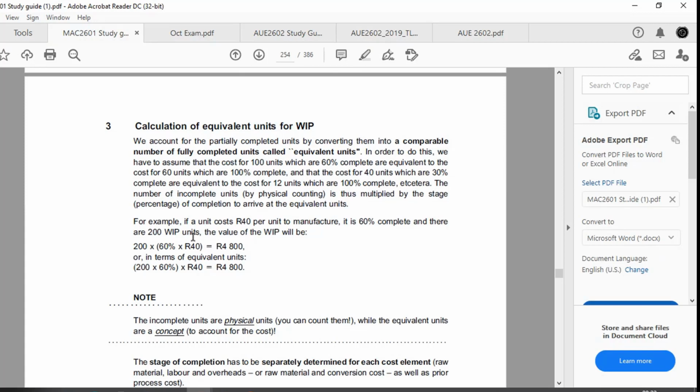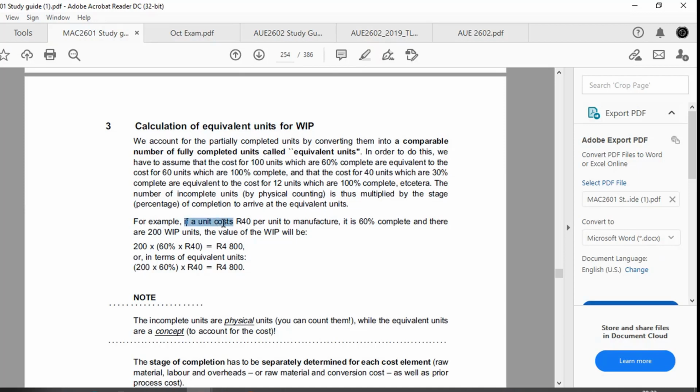So for example here, they say, let's assume the cost of 100 units, which are 60% complete, are equivalent to the cost of 60 units, which are 100% complete, right? And then the cost of the 40, which are 30%, are equivalent to the 12 units, which are 100% complete. That's a mouthful and can be a bit confusing. So let's look at the numbers.